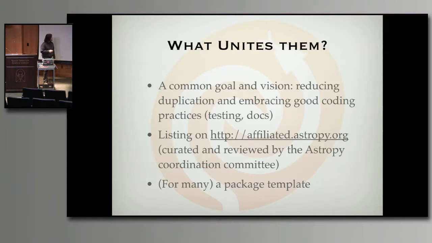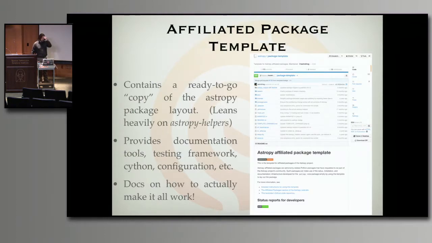The other thing that turns out to unite them, although it doesn't have to, is this thing called the ASTROPY Affiliated Package Template. So it turns out this is primarily a tool meant to make all of your lives easier. It's basically a copy of all of the stuff in ASTROPY that makes that community development model work. It's built on the same machinery that underlies ASTROPY, but the key point is that anybody can use it without getting the whole code base of ASTROPY.